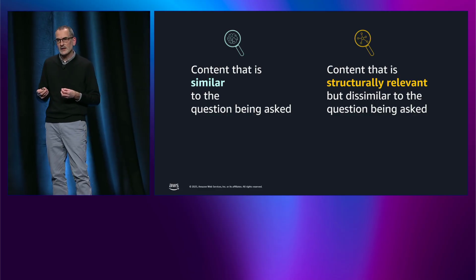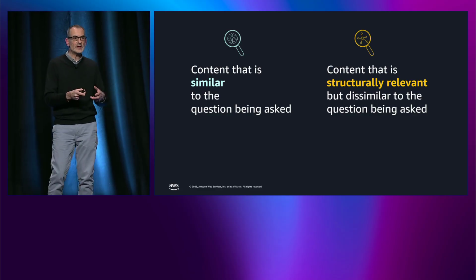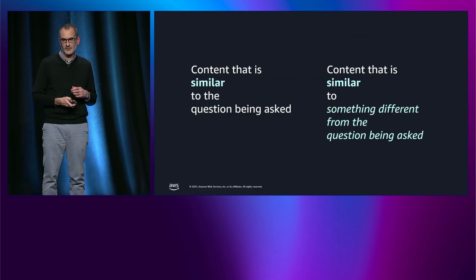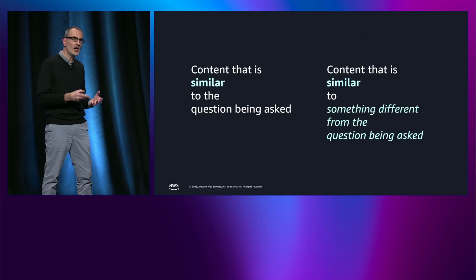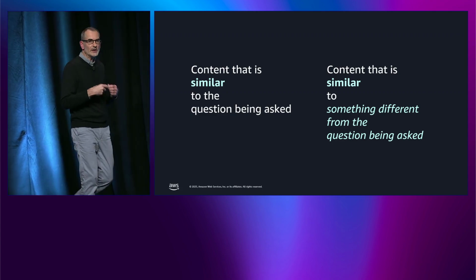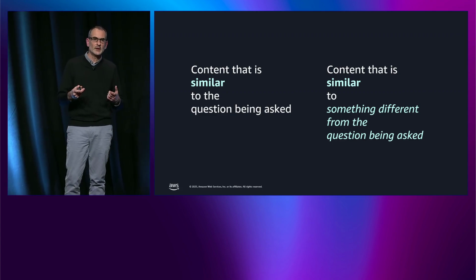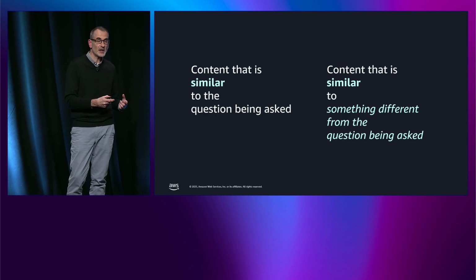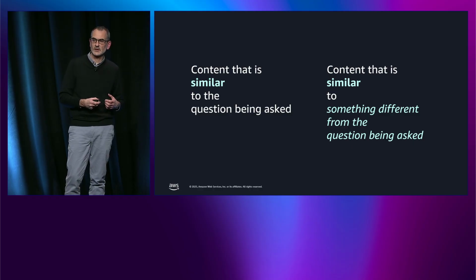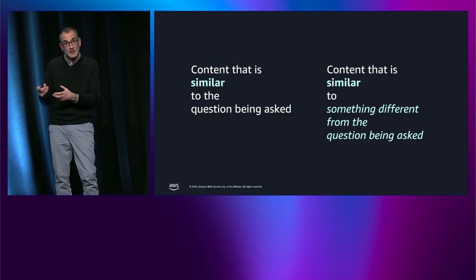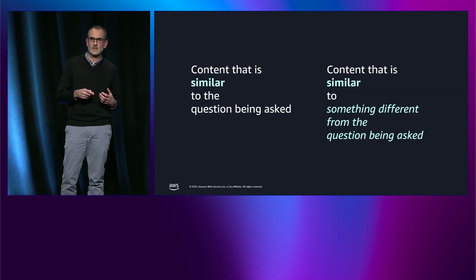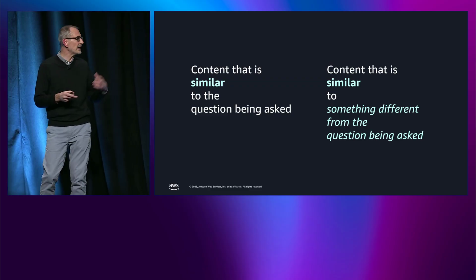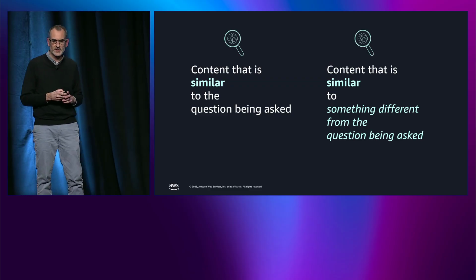Well, one way is to re-describe what it is we're trying to achieve at this point in time. So here's an alternative formulation. In order to improve recall, we need to be able to find content that is similar to the question being asked, and content that is similar to something different from the question being asked. So that sounds like fancy wordplay, a bit clunky, a bit abstract.